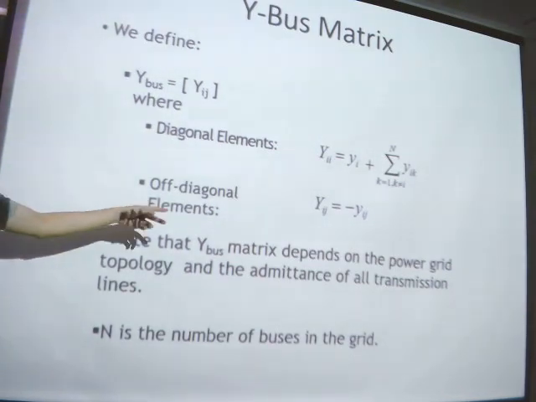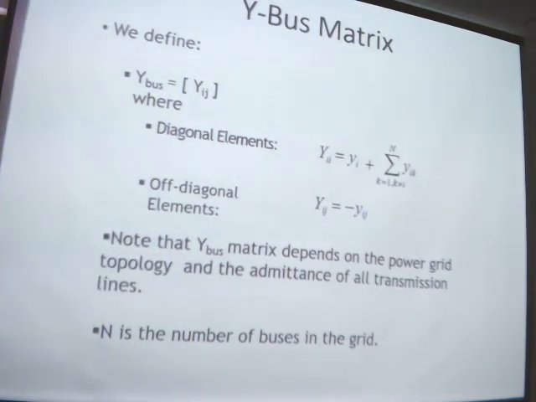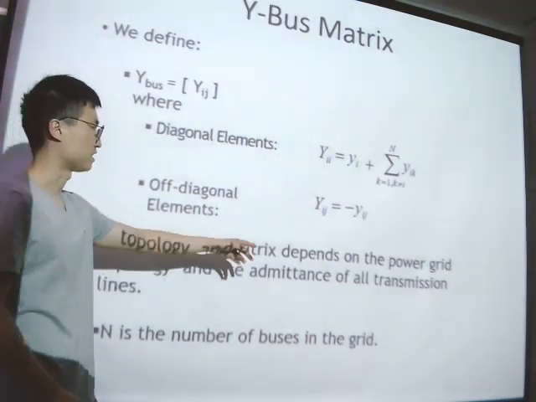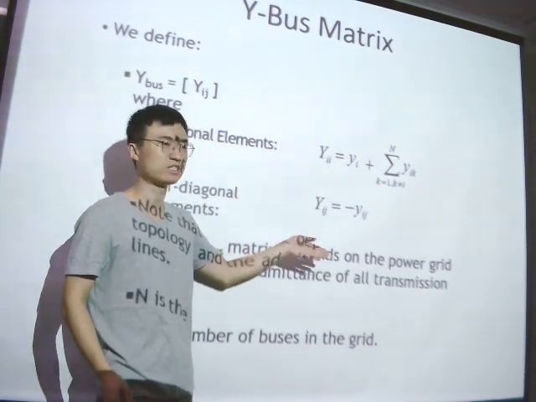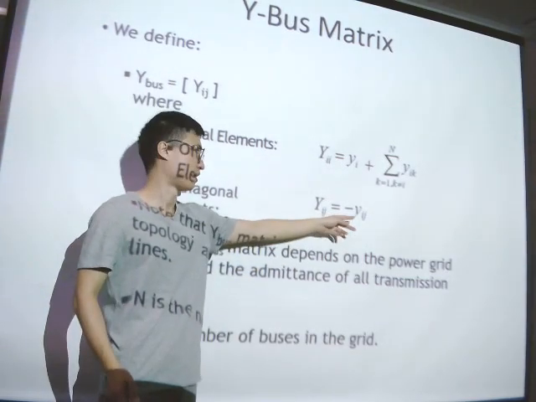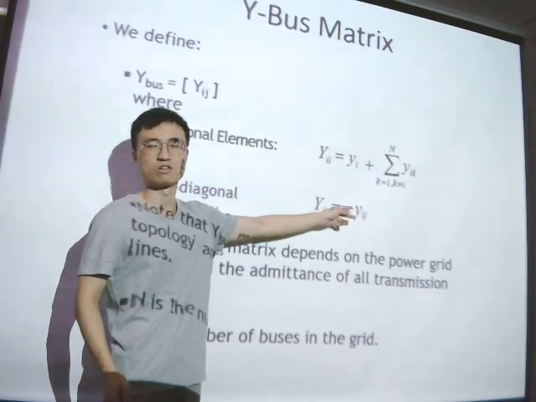For the off-diagonal, because of the direction of the injection current from A to B, we assume this injection is negative, based on the definition.